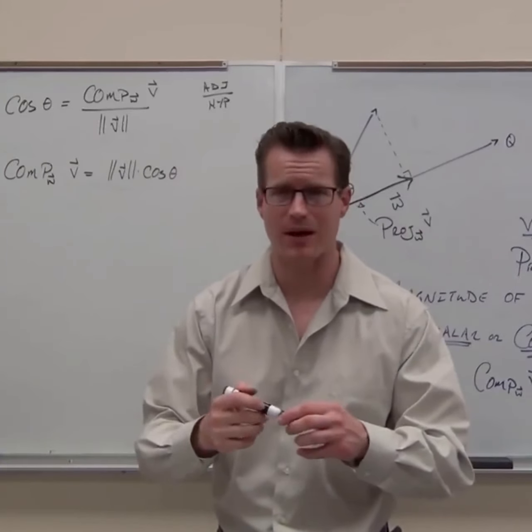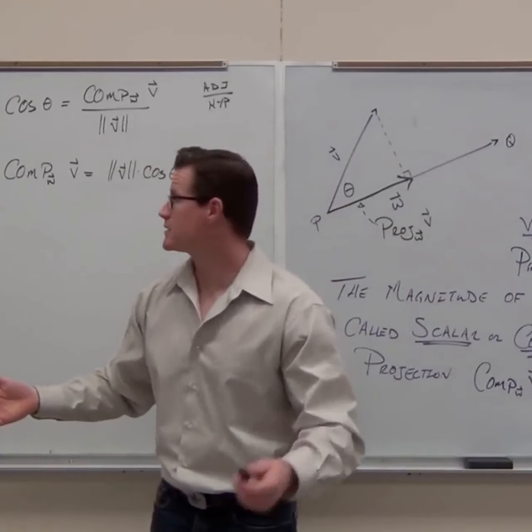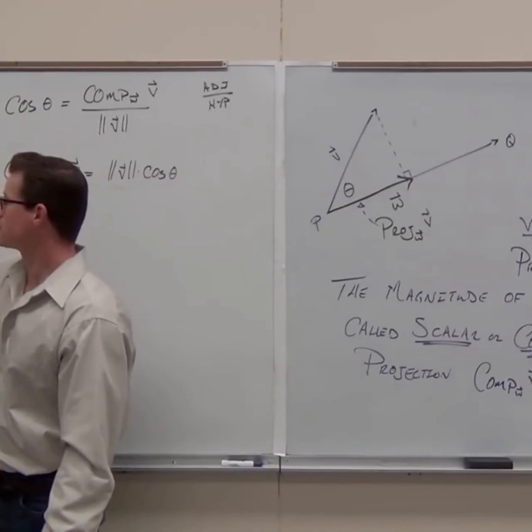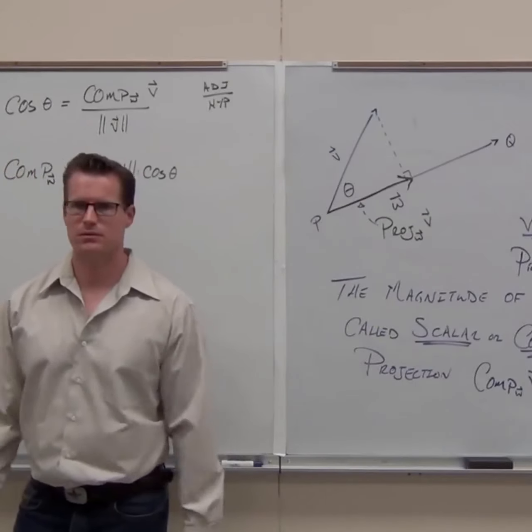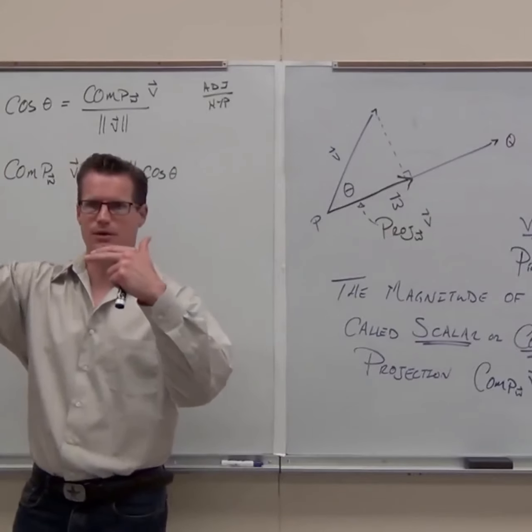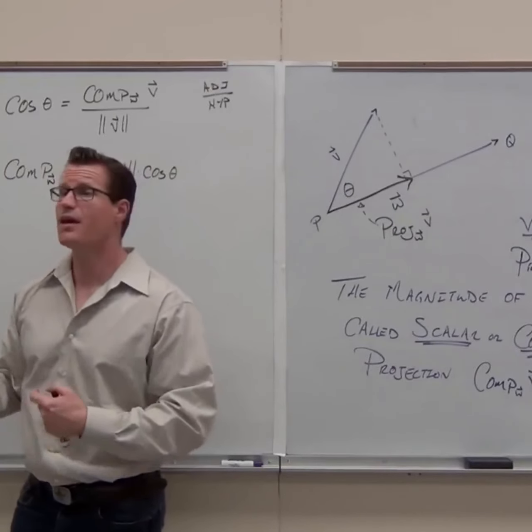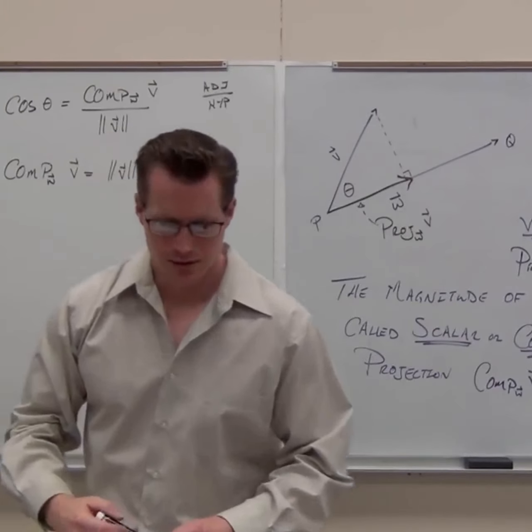If you really think about it, this is any right triangle in the world. It says, how do you find this length given this length and an angle? Cosine. That's it. It's just cosine, because that's how right triangles work. Hypotenuse times cosine theta gives me the adjacent side. That's literally all we're doing. Show hands, feel okay with that one? That's it.